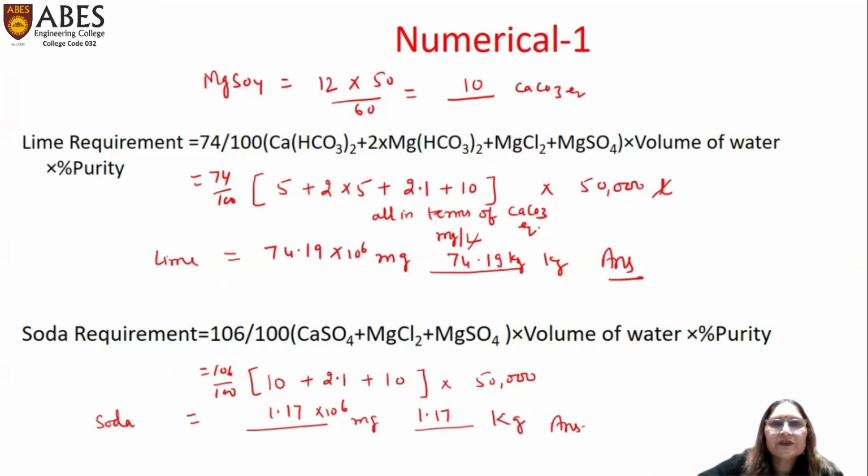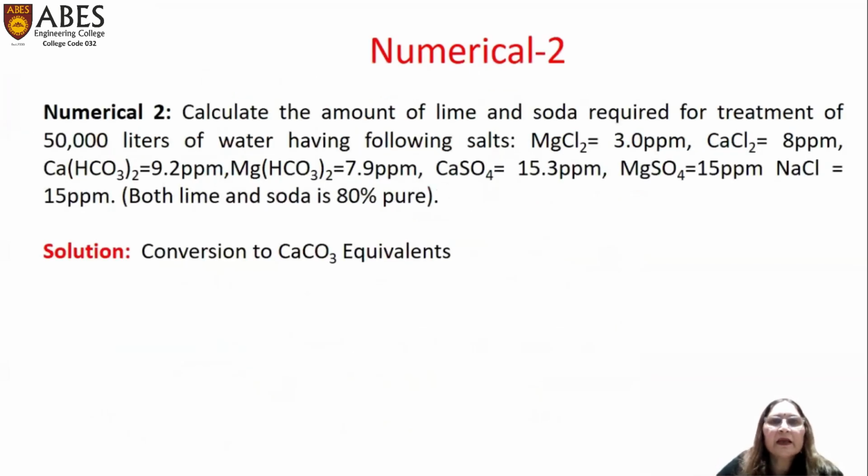Now coming to the second numerical. Calculate the amount of lime and soda required for treatment of 50,000 liters of water containing the following salts, or we can say following impurities: MgCl2, calcium chloride, calcium bicarbonate, magnesium bicarbonate.